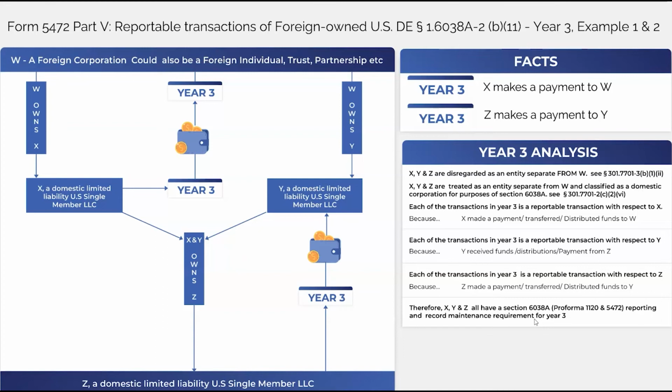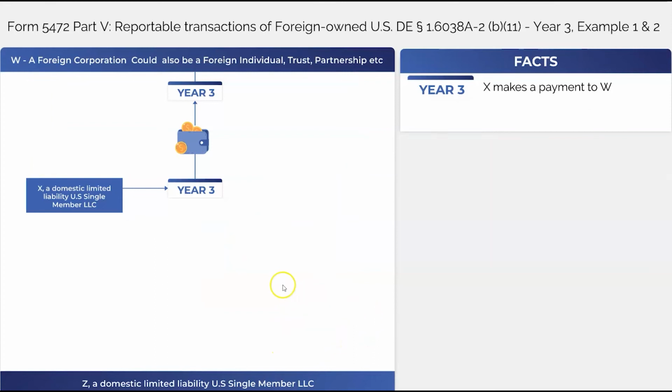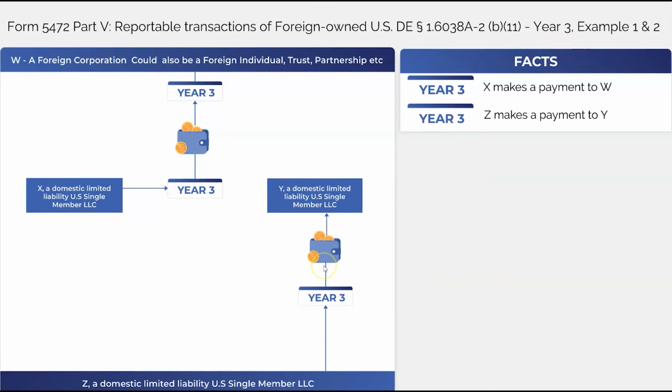Anytime you have a reportable transaction, you also have a record maintenance requirement. That basically means that for each of these transactions, you need to have a proper set of books, records, receipts, or wire payment transfers to show how those transactions came about, so that in the future, when the IRS comes asking questions, you can produce that information pretty quickly.